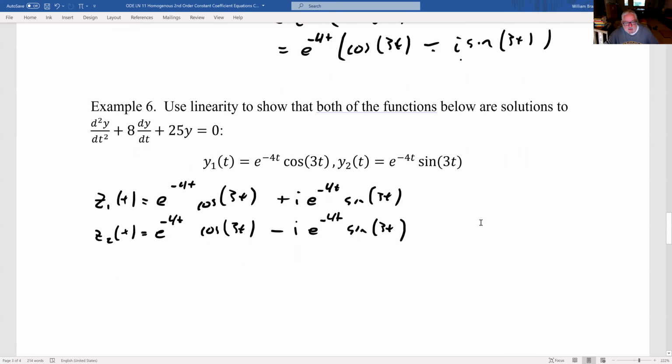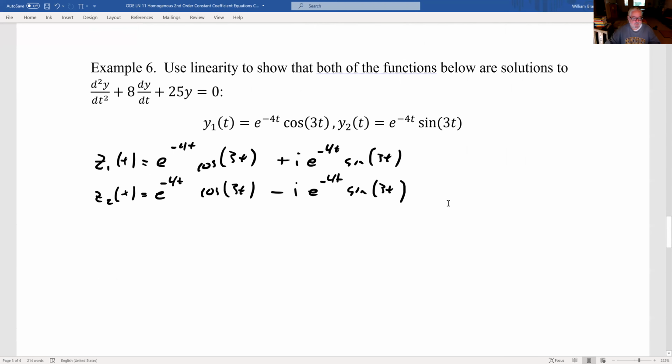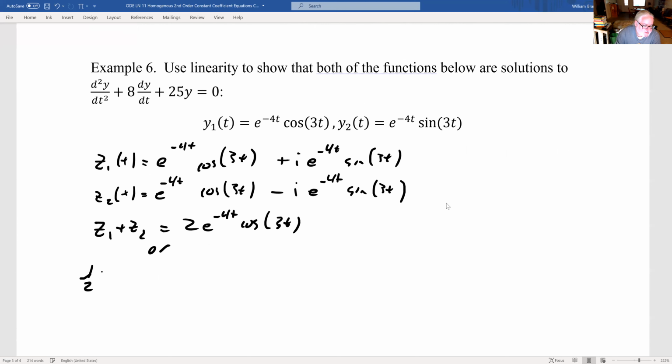Okay, so if I add these together, I get this, or 1/2 z1 plus 1/2 z2 equals e to the minus 4t cosine 3t.